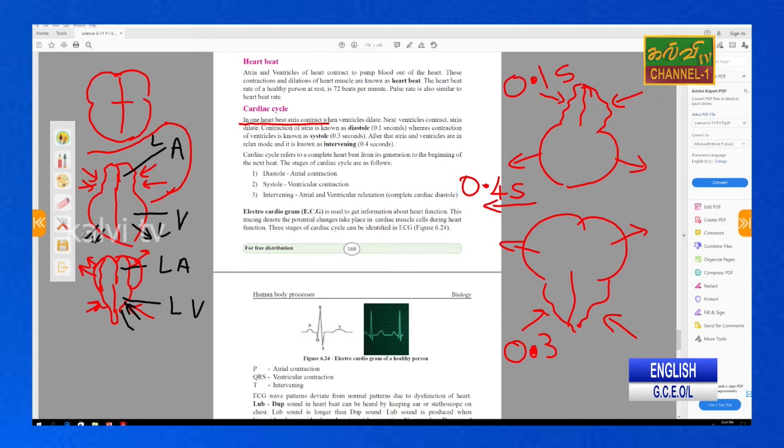So the cardiac cycle refers to a complete heartbeat from its generation to the beginning of the next beat. The stages of the cardiac cycle are as follows. What is the first one? Diastole. Diastole means atrial contraction. We all know this is called diastole.